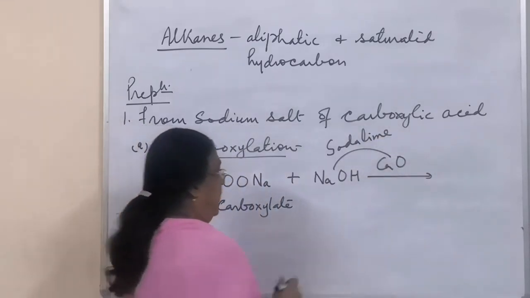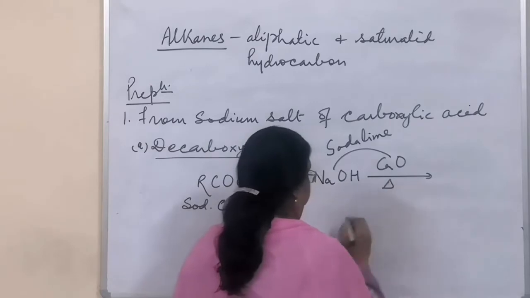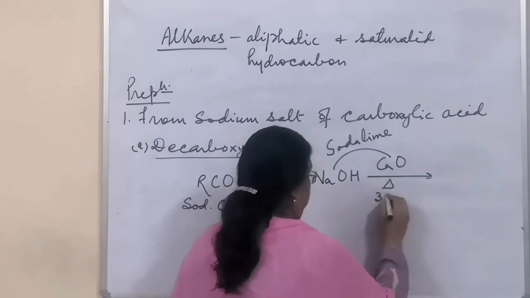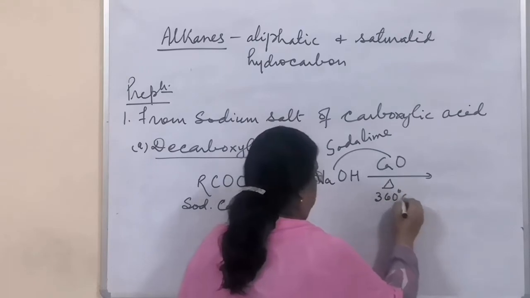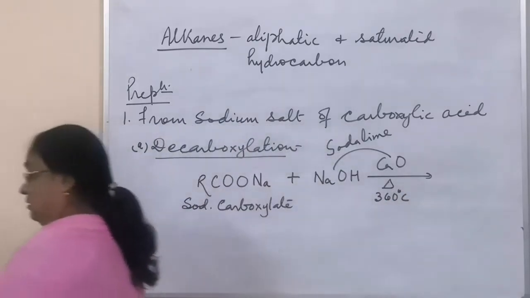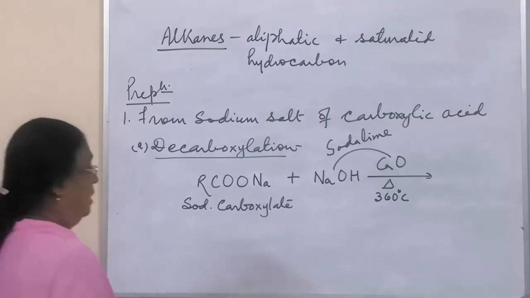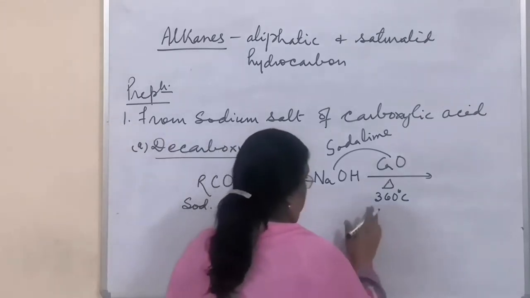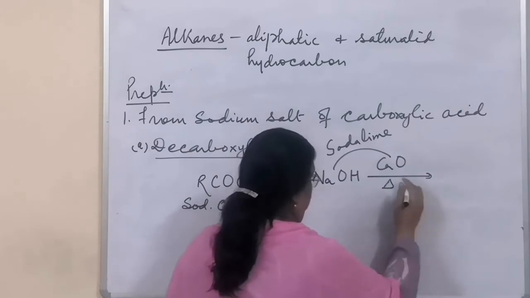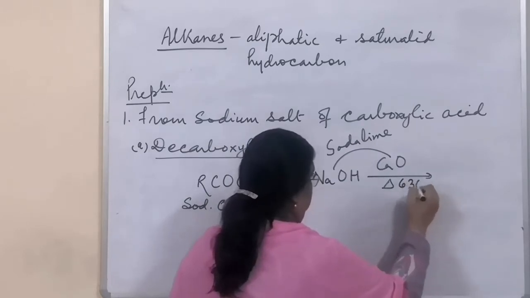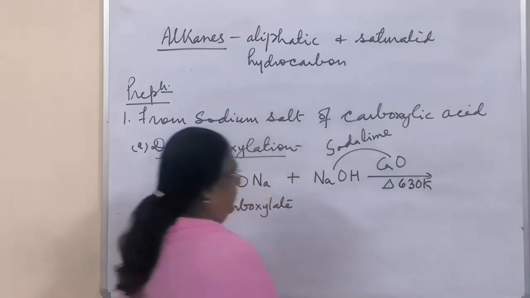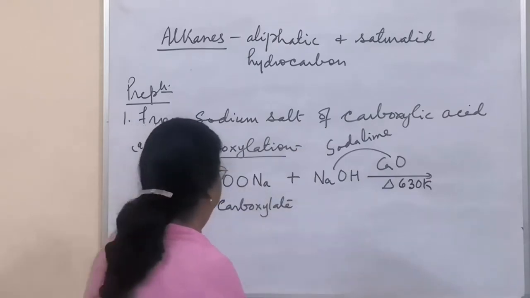So this is soda lime and heating is done, and this is around 360 degrees Celsius, which is 630 Kelvin. Different values are given, so heating is important.